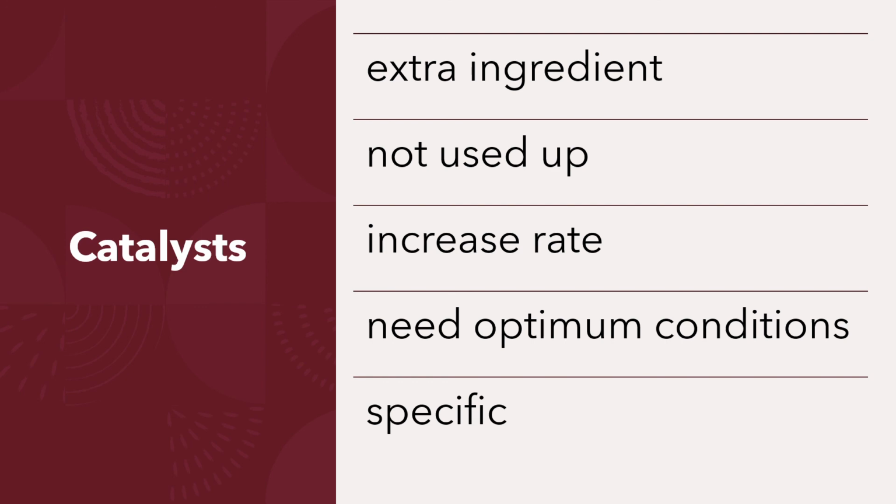Before catalysts like enzymes can work, you need optimum conditions. So for example, many of the enzymes in the human body function best at 37 degrees Celsius, which is why our natural body temperature is 37 degrees, so that we can have the reactions that we need to survive running at the optimal rate. Enzymes and catalysts are also specific.